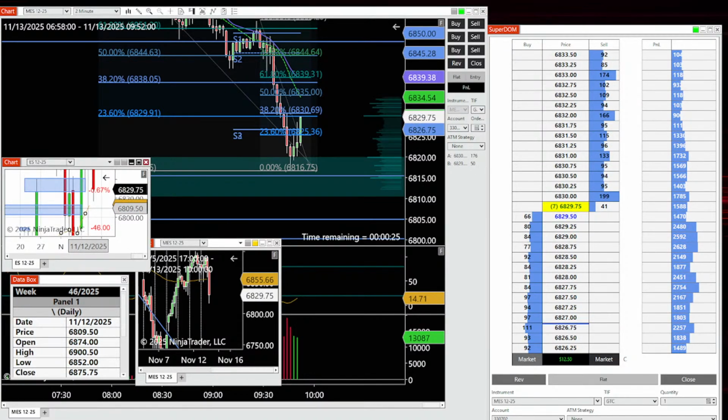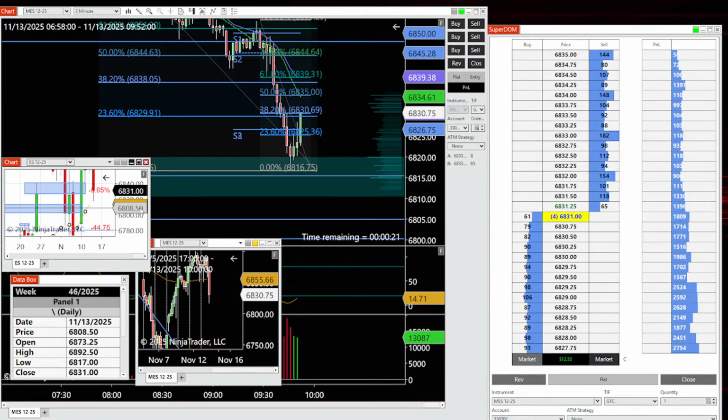On the daily chart, we have the moving average sitting at 13.